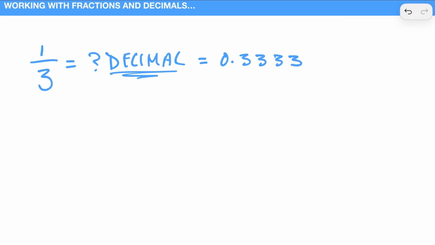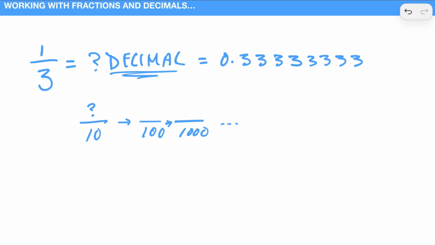And that is because if I tried to represent 1/3 as something over 10 or 100 or 1,000, I could never do it perfectly. And so this is what we call a repeating decimal. It will just go 0.333333 repeating forever. Now, mathematicians don't write an infinite number of threes.